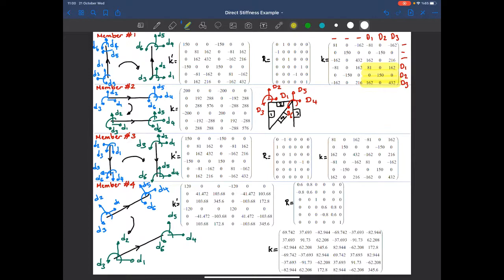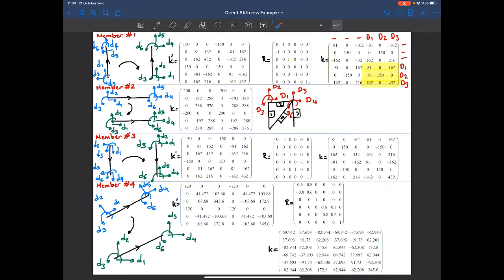Why? Let's think about it. Let's say that I want to move this node by 1 unit towards the right. How much resistance will I get from the first member? It is D4, and it is that coefficient, that's the force. Okay? I want to give a unit displacement in the D2 direction.